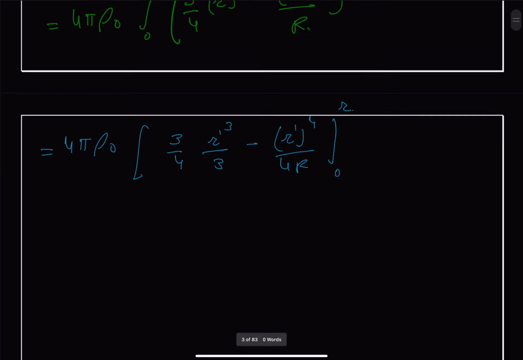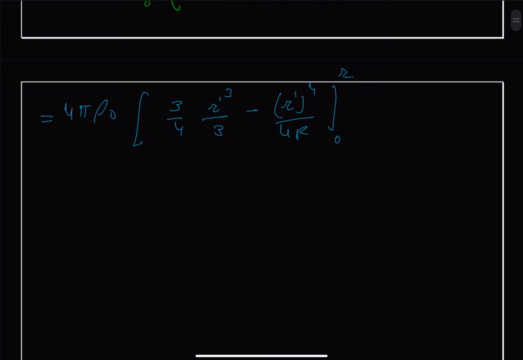We substitute the limits, and here the 3 and 3 cancel out, so we get 4 pi rho naught times r cube by 4 minus r to the 4 divided by 4R.